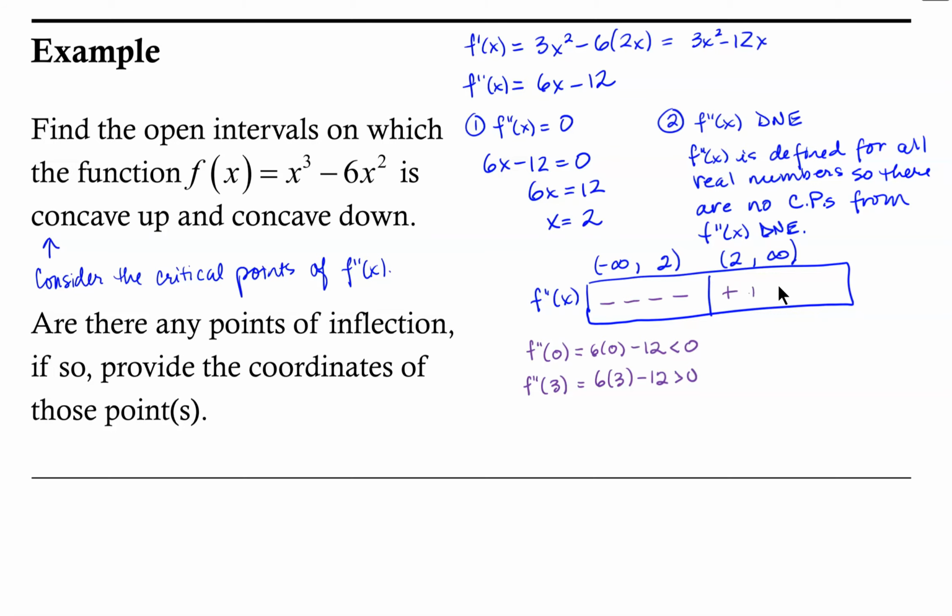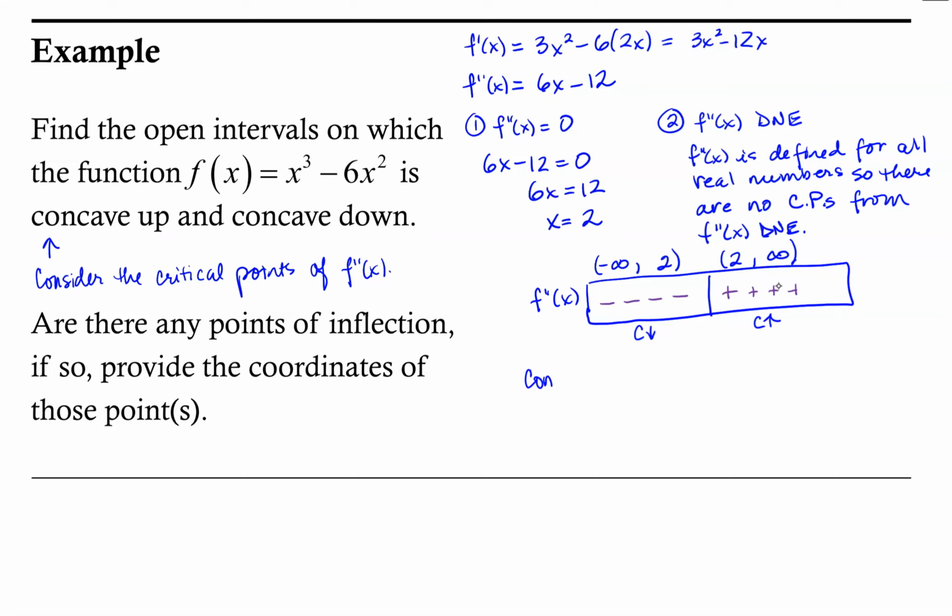So we know that on the interval from 2 to infinity, our second derivative is positive. So from this, we can determine that on the interval from negative infinity to 2, our function is concave down, and from 2 to infinity, our function is concave up.